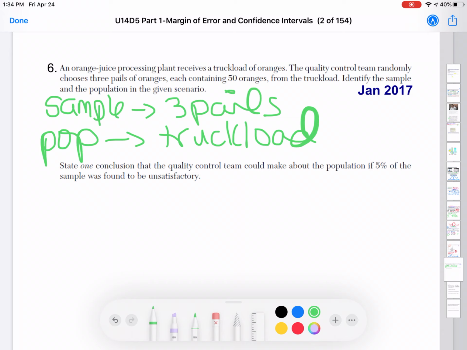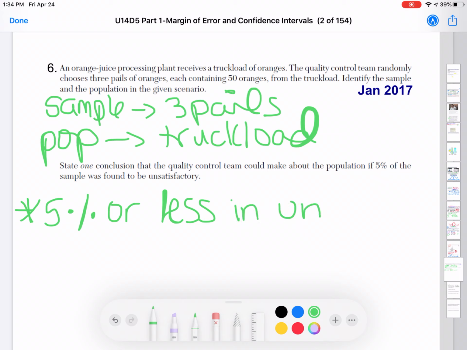And then last part: state one conclusion that the quality control team could make about the population if 5% of the sample was found to be unsatisfactory. Well, I'm going to give you something to memorize first. If we have 5% or less of something happening, 5% or less is always going to be considered unusual.